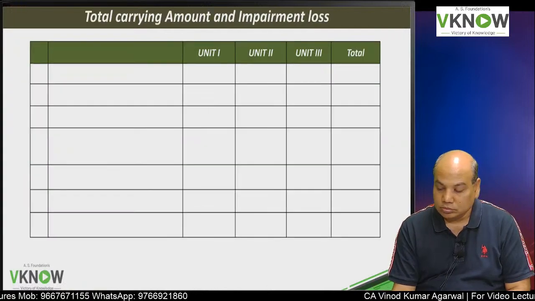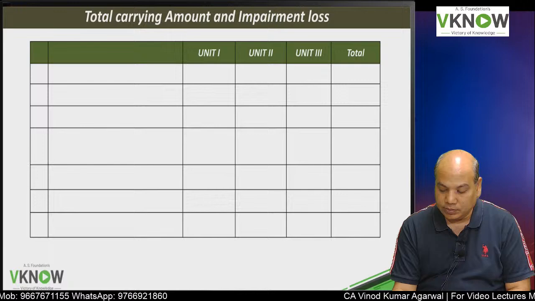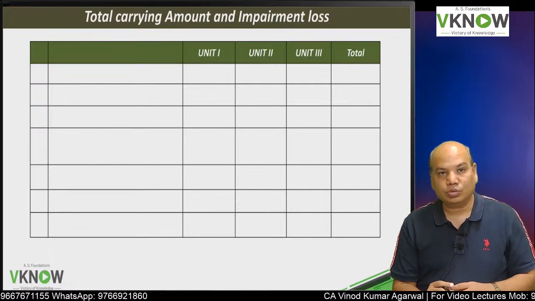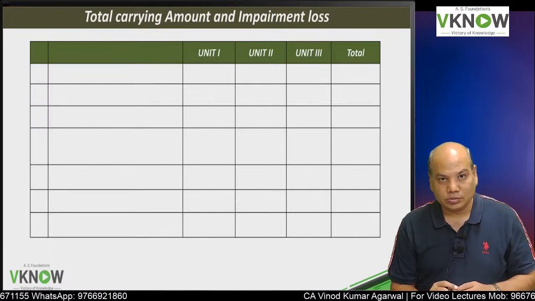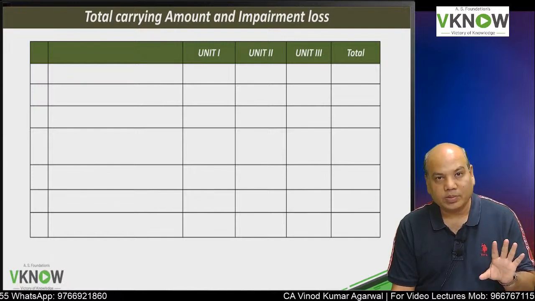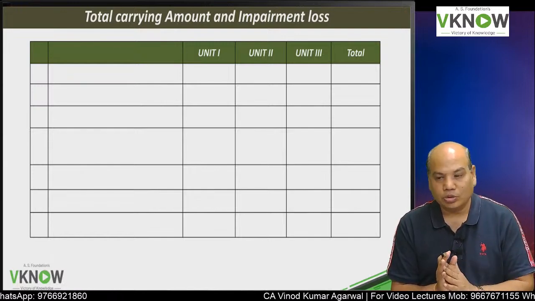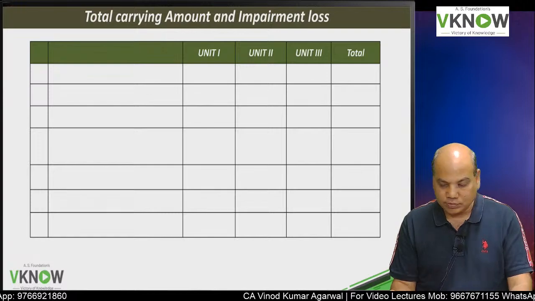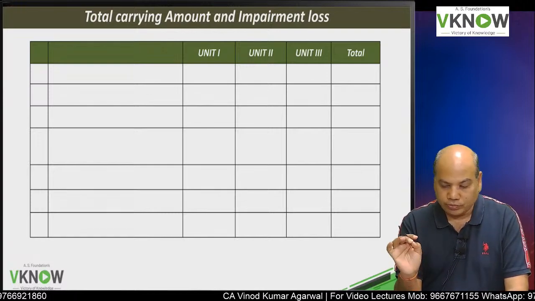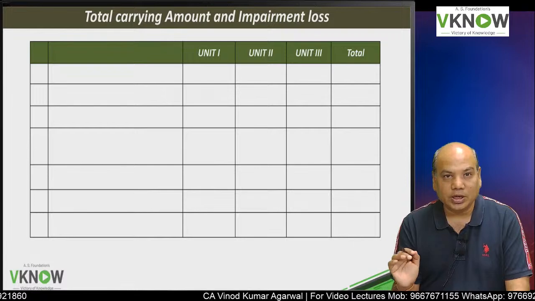Understood? Now the next very important step is how to provide impairment loss for the corporate building, which can be allocated on a reasonable basis. So next, step number 2, total carrying amount and impairment loss.